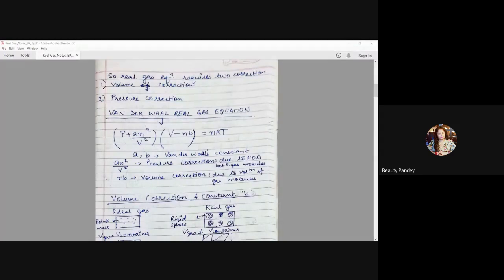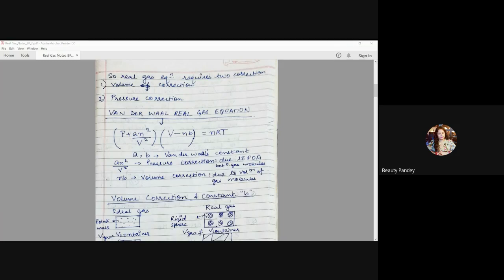So this is where the term V minus nb comes from, where b is known as the van der Waals constant, or volume correction, or excluded volume. You can have a question that asks which is the volume correction from this. Questions can be like that.